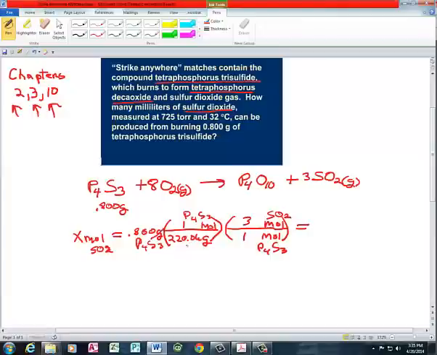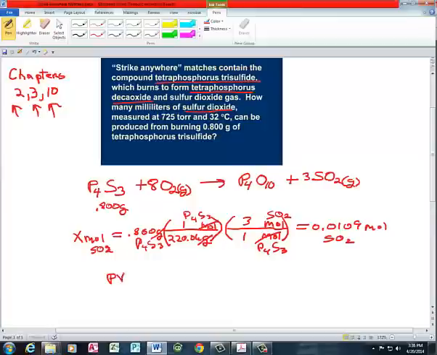So grams of P4S3 cancels, moles of P4S3 cancels, and we wind up with moles of SO2. When we do that, we get 0.0109 moles SO2.